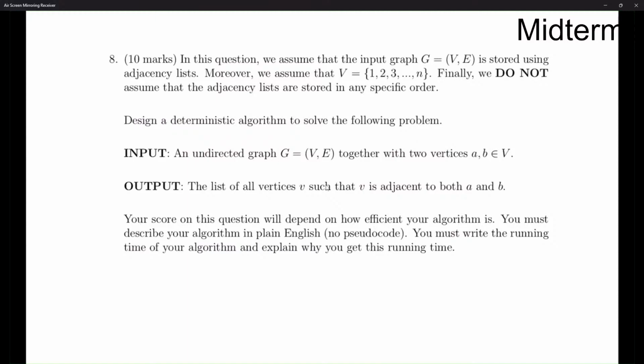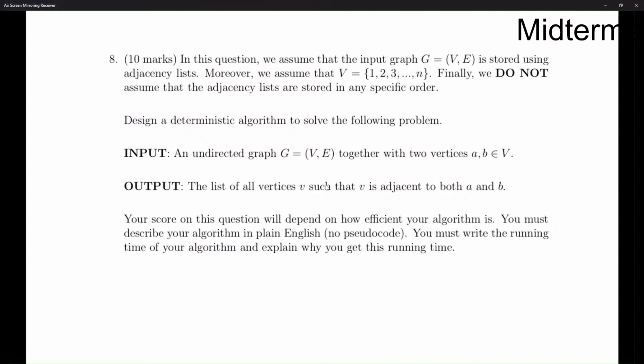Now, an undirected graph G together with two vertices A and B. List all vertices V such that V is adjacent to both A and B. I mean, we visit all vertices.